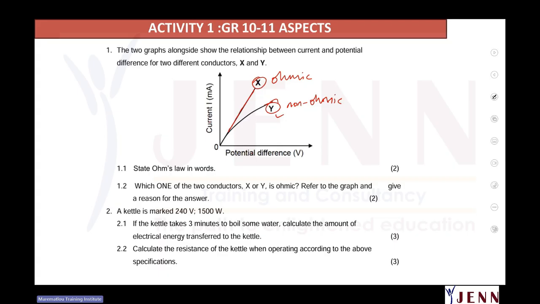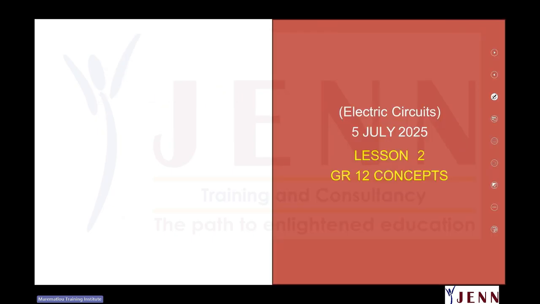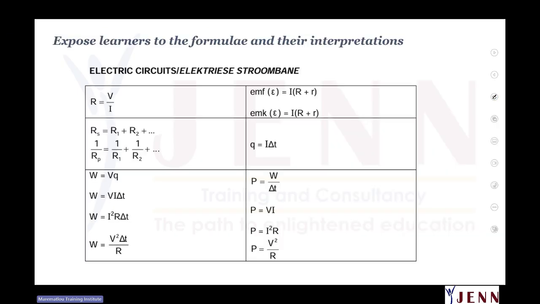And it was also interesting that they put in power there, the question of amount of energy, and that would be power. They gave you power and potential difference. It was also an interesting question you did in grade 11 rather. Okay, and then from there they wanted you to cost it. We'll look at those when we finish grade 12.